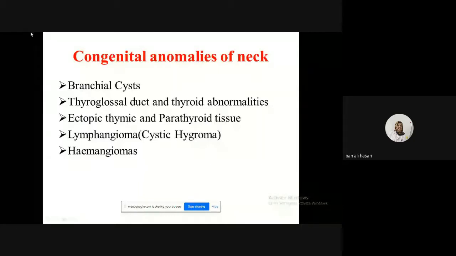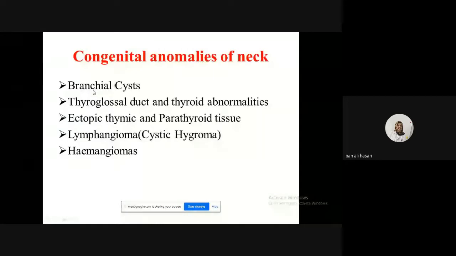تمام. So branchial cysts. Okay, branchial cysts. These cysts can appear during the formation of the pharyngeal arch, actually, because sometimes we can also see in some books that the pharyngeal arch is mentioned as branchial arch.